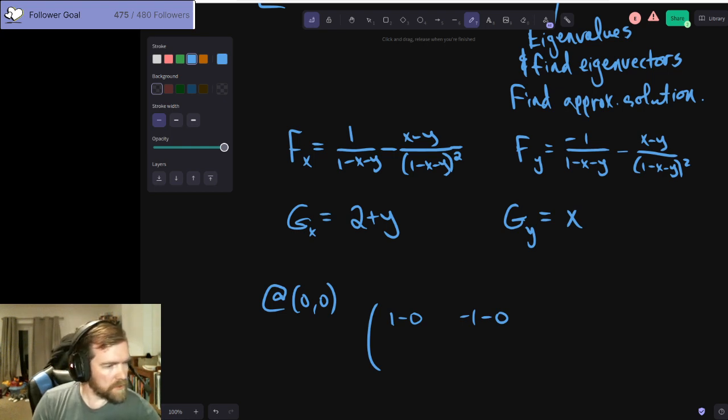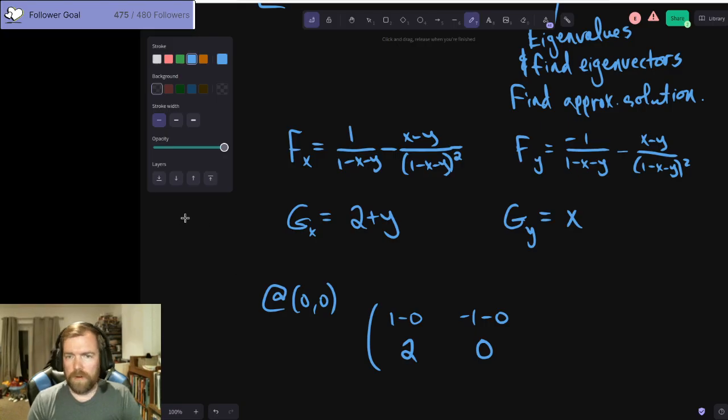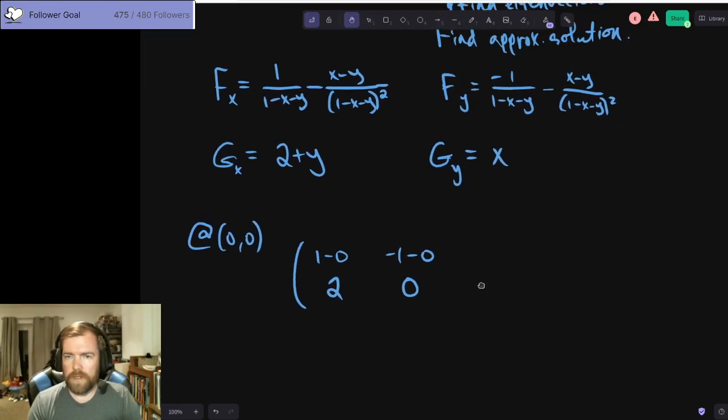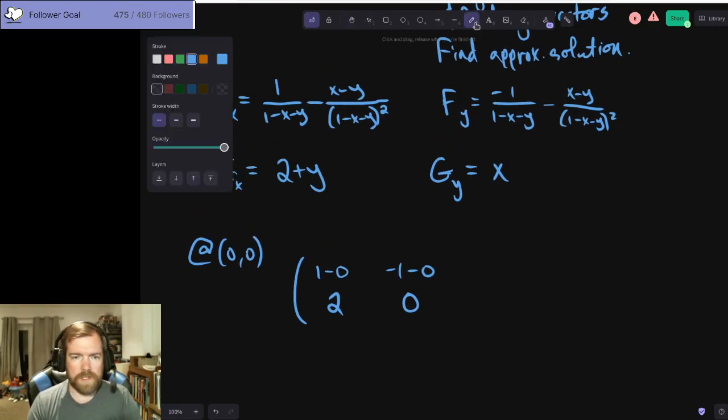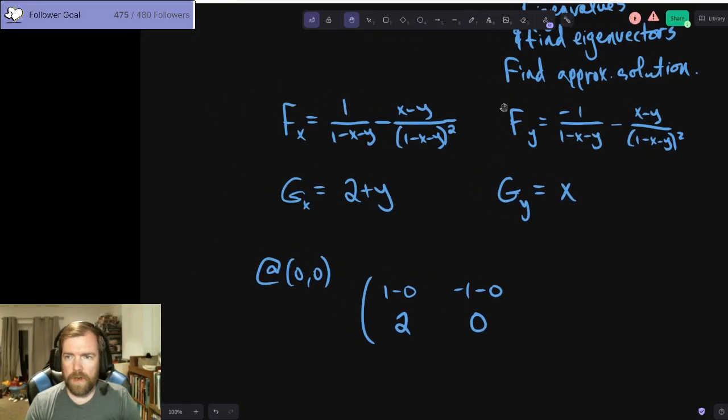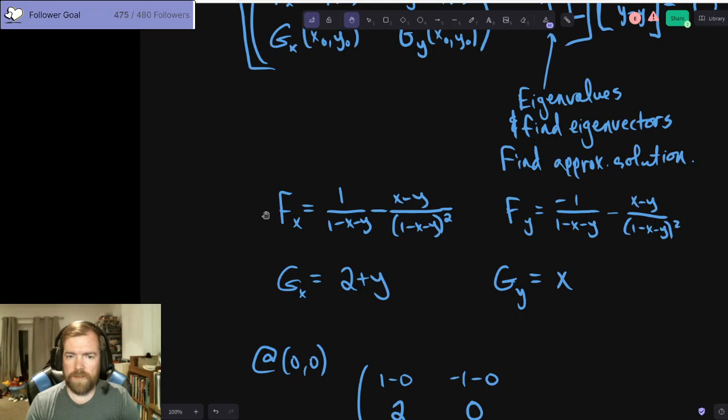All right, everybody, it appears we're back. So what we have here, I was looking at doing the system at 0, 0. We have the partial derivatives of f and g with respect to both x and y in their appropriate rows and columns.